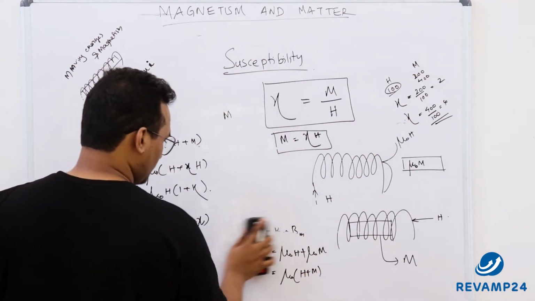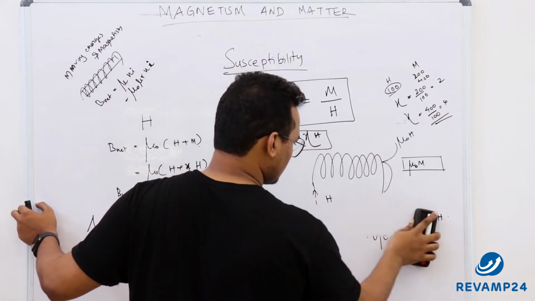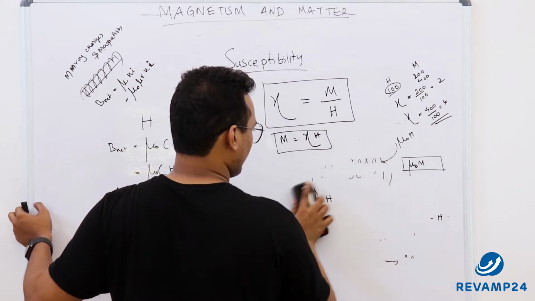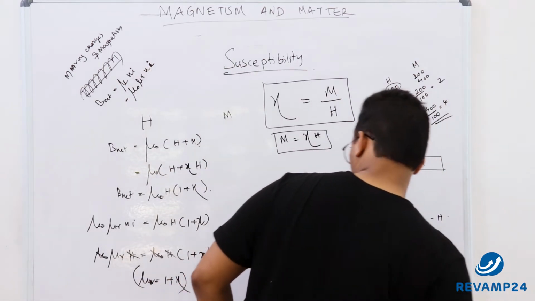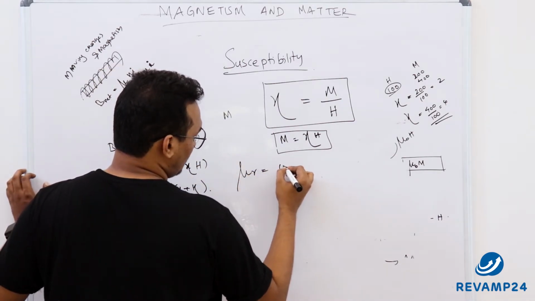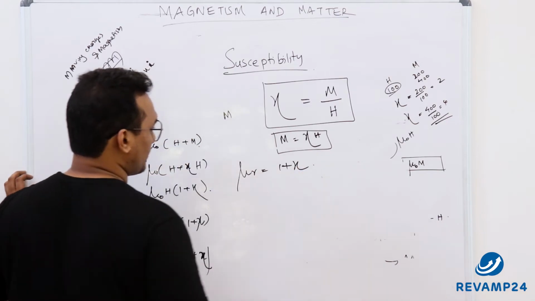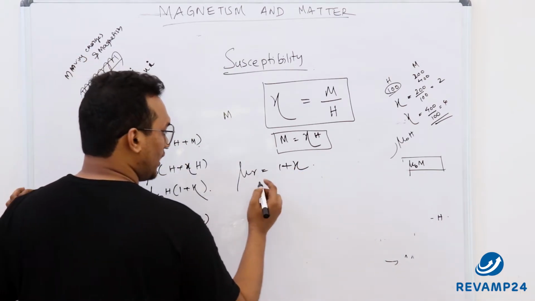Mu r is equal to 1 plus susceptibility. Now, what is the value of mu r?